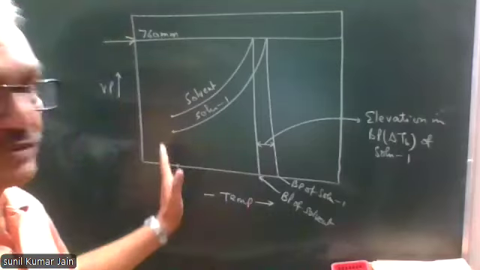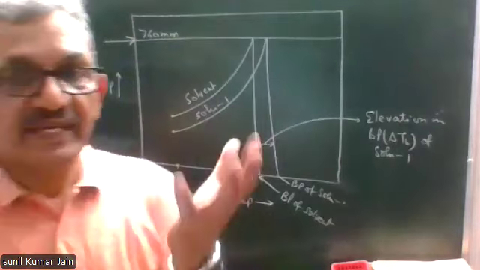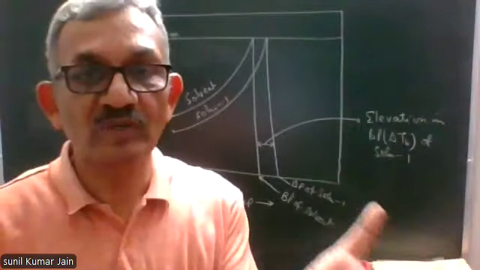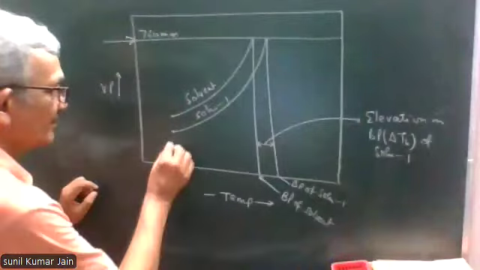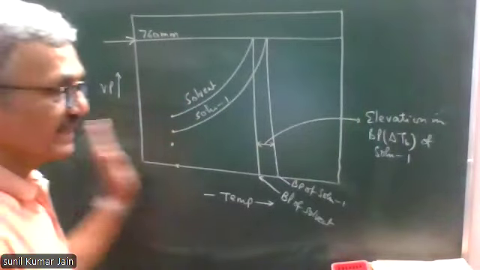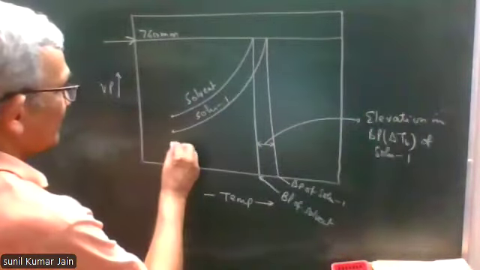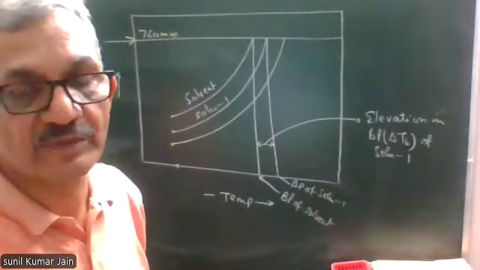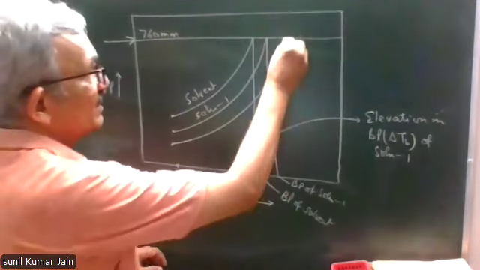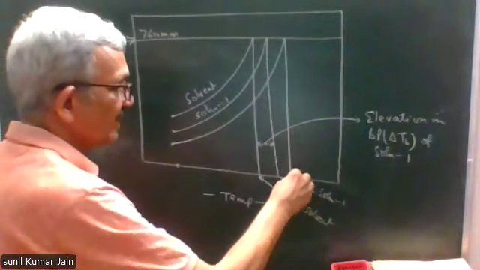Again, back to the same temperature. If I add some more non-volatile solute, vapor pressure will further decrease. I again increase temperature, vapor pressure will increase. All the three graphs will be parallel to each other. This will boil at a still higher temperature.